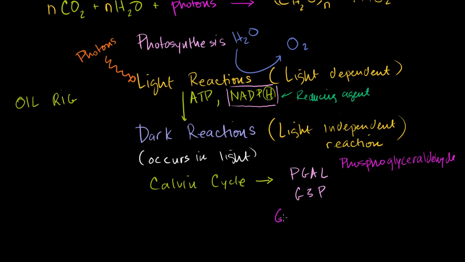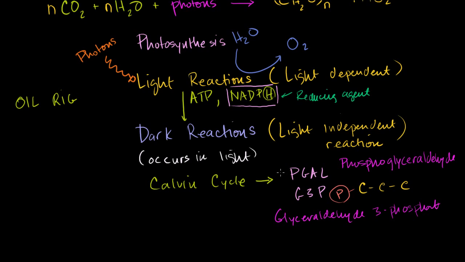Let me write that down. Glyceraldehyde 3-phosphate. Same exact molecule. You can almost imagine it as, this is a very gross oversimplification, 3 carbons with a phosphate group attached to it. But this can then be used to produce other carbohydrates, including glucose. If you have 2 of these, you can use those 2 to produce glucose.